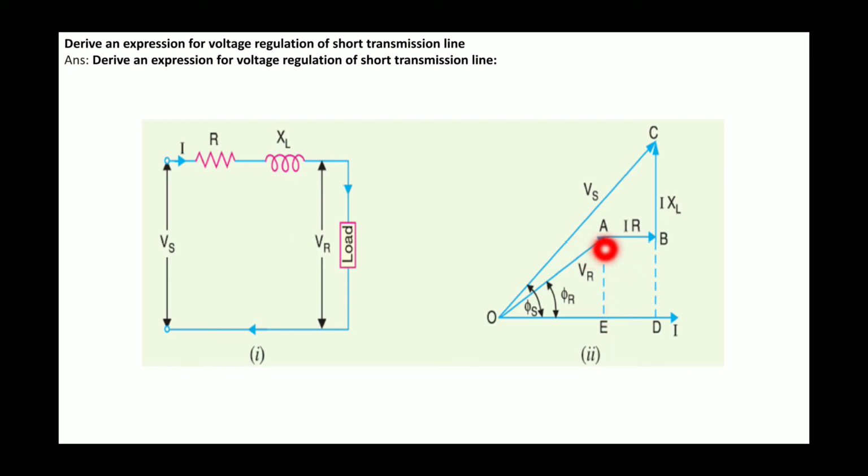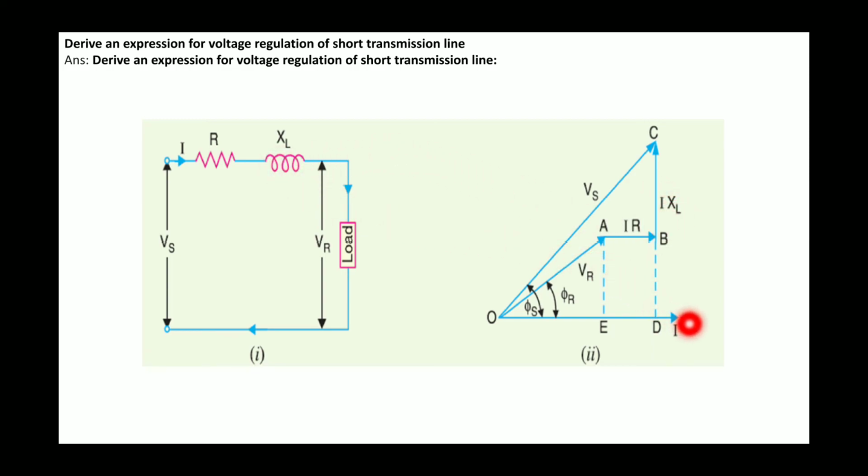So VR is equal to I into R. But for calculation purposes we need some modification, so we consider I into R and VL equal to I into XL.